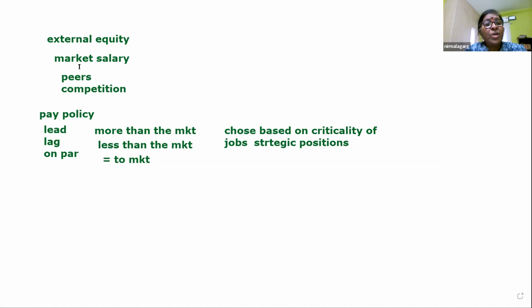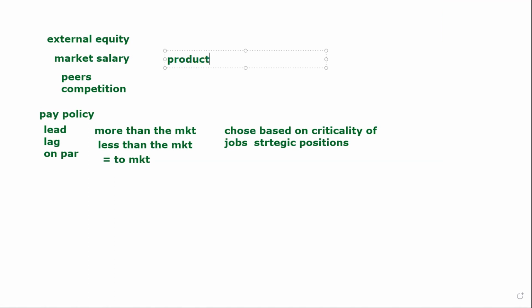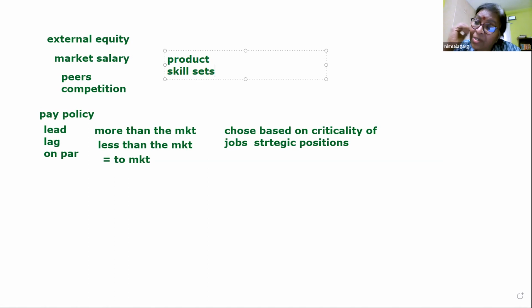Now, when you are actually doing a market survey, how will you know which companies to go to? Any idea? Similar. Obviously, similar. Similar means people who are making your same products and services, or people who are using your skill sets. Now, because your organization is like a pyramid, at an entry level, you will get data from where you will actually source people.